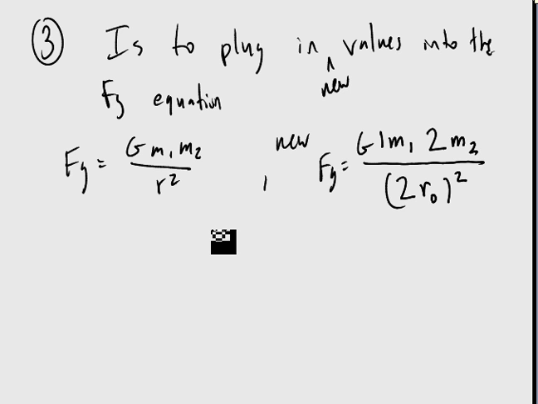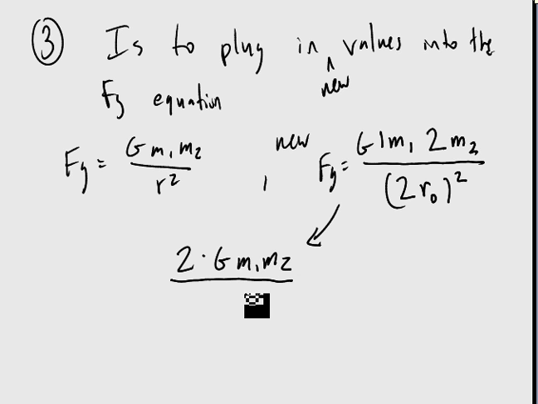So what do I mean by that? So if I get this, I can write it as 2 times G M1 M2 over, okay, this bottom part, remember this is 2R original times 2R original, which gives us 4R original squared. So we have 4R original squared down here.